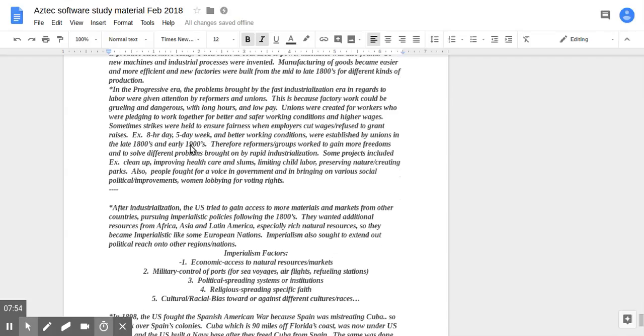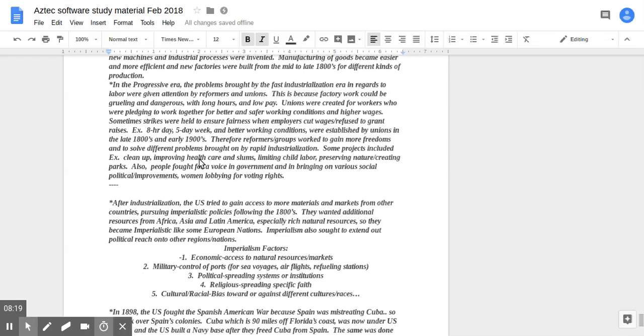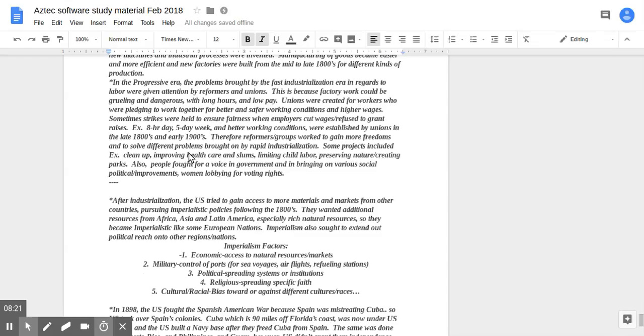Unions were created for workers who pledged to work together for better and safer working conditions and higher wages. Sometimes strikes were held to ensure fairness when employers cut wages or refused to grant raises. The example is the 8-hour workday and the 5-day week, as well as better working conditions, which were established by unions in the late 1800s and early 1900s.